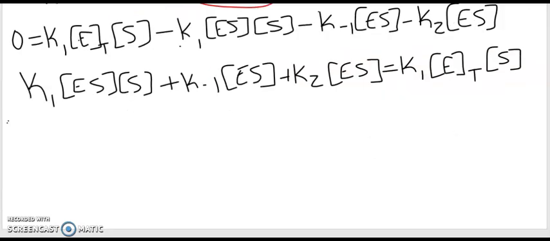And we can see that ES is the common variable on this side. So we'll bring that out.